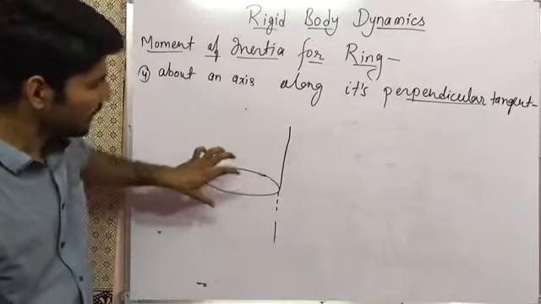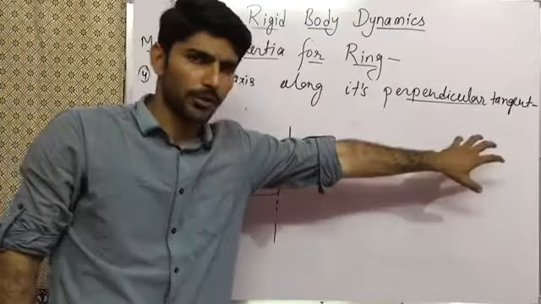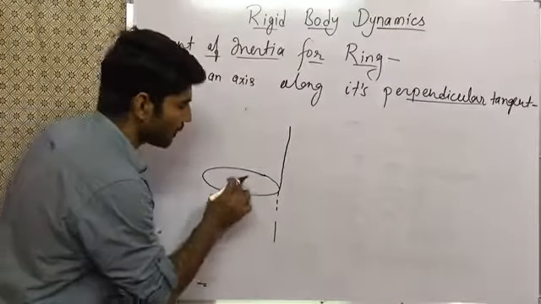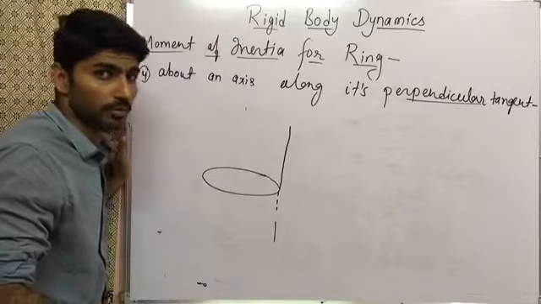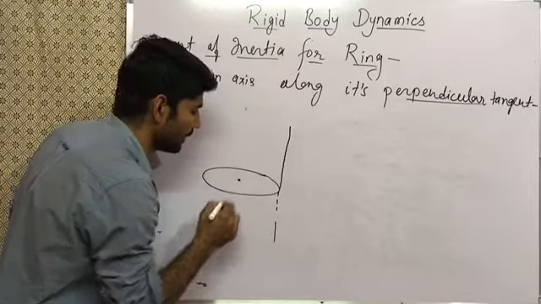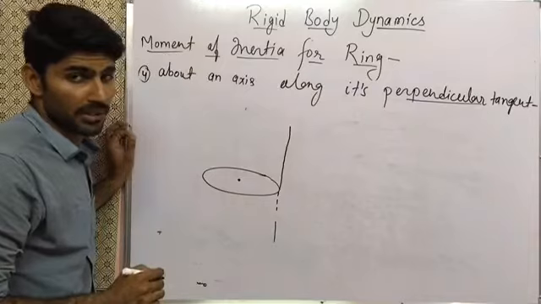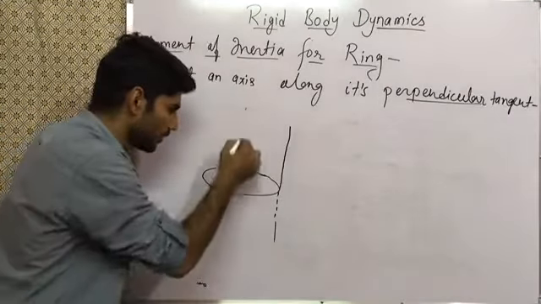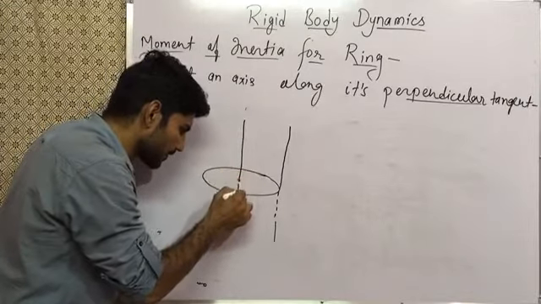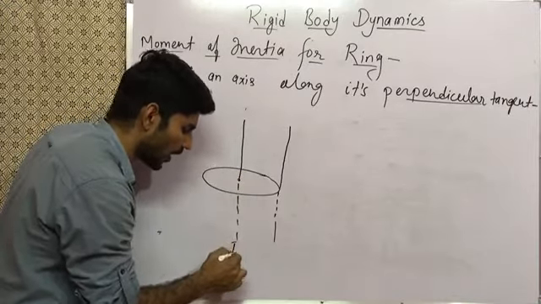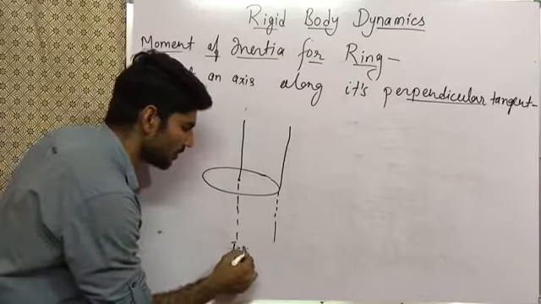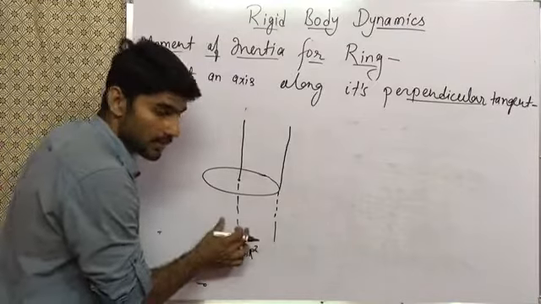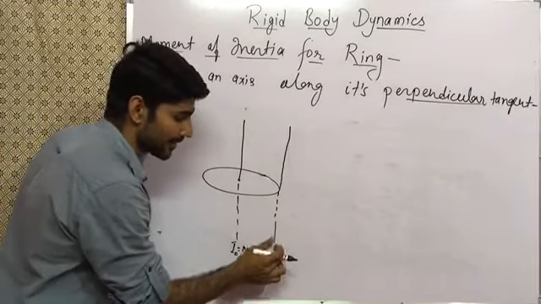So we call this axis the axis along the perpendicular tangent, or just perpendicular to the tangent of the ring. For this axis we also use the theorem of parallel axis, in which we need a moment of inertia about an axis which is parallel to this axis. So here we draw this axis that we said I naught initially, which was mr square.